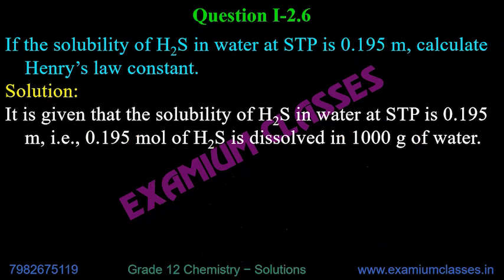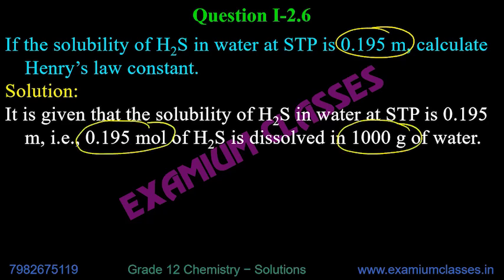So we know this thing. This gives us the information that we have 0.195 moles of H2S dissolved in 1000 grams of water. And we can calculate the moles of water from here. Moles of water will be given mass upon molar mass, that is 55.55 or 55.56 moles, and H2S 0.195.